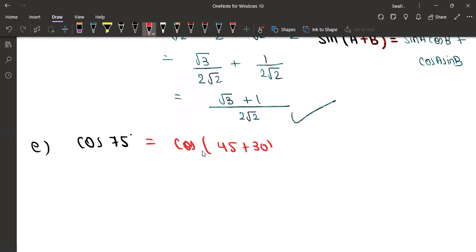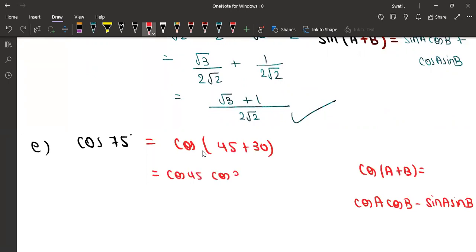Now this is in the form of cos A plus B. We know the formula of cos A plus B. Cos A plus B, the formula is cos A cos B minus sin A sin B. Using this formula, it will become cos 45 cos 30 minus sin 45 sin 30.